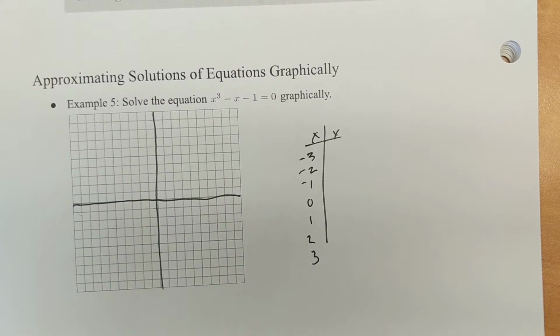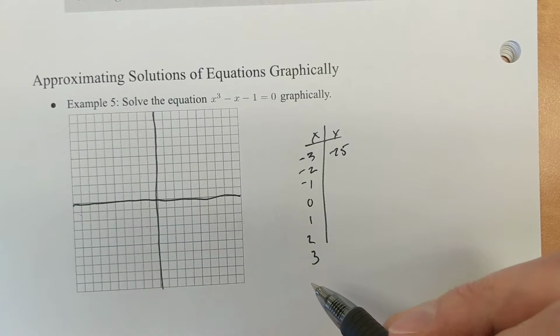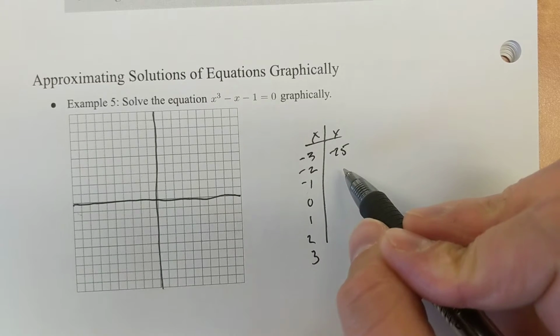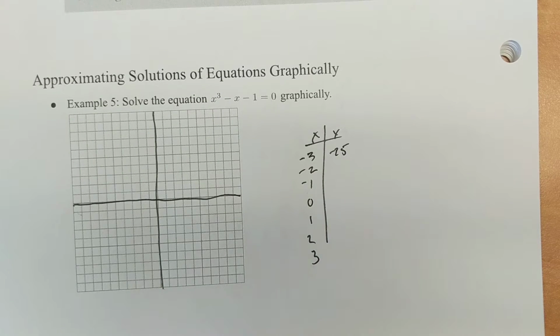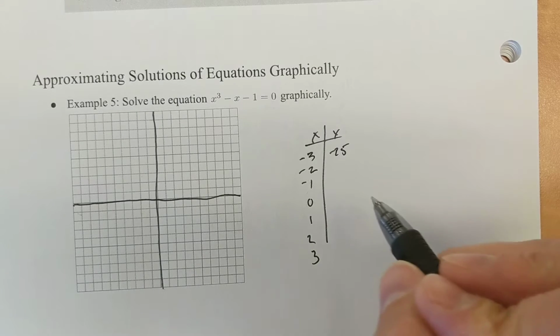So where are we? -3 cubed minus... oops. Oh, that value's going to be off the graph. That's -25. If we plug -2 in, -2 cubed minus -2 minus 1, that's -7.